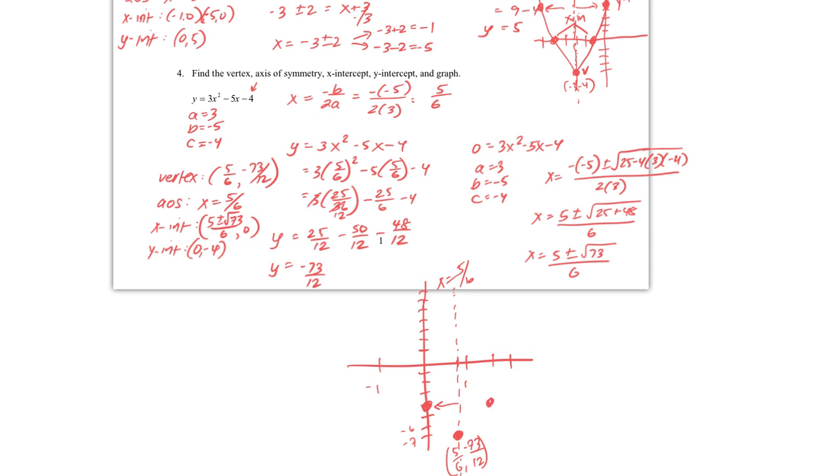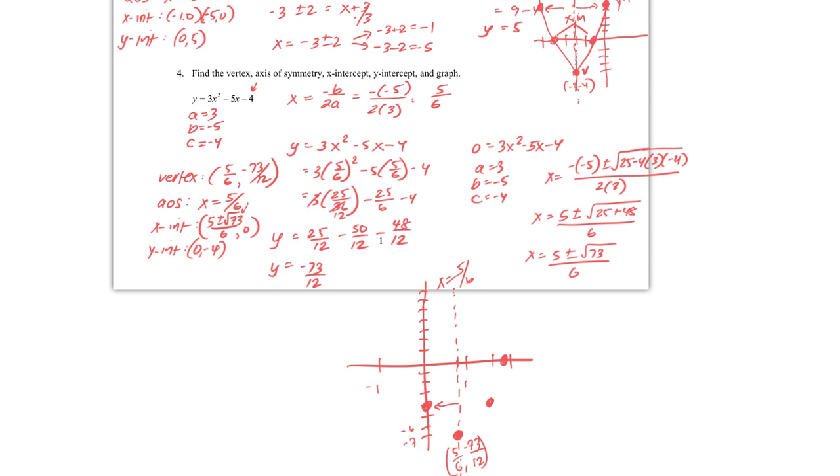Now, my x-intercepts, again, are going to be a little bit difficult as well. The square root of 73 is between 8 and 9, so it's about 8.5. So 13.5 divided by 6 is going to be something around 2. It's not going to be great, but it's going to be around here.